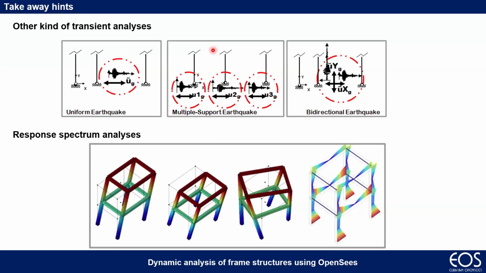Another thing that you can do in OpenSees, thanks to Dr. Petrak again for this, is to run response spectrum analysis. It's just another function like the modal properties that I showed you before. In this case, you just define your spectrum and run the analysis, and then it's up to you how to combine the results.